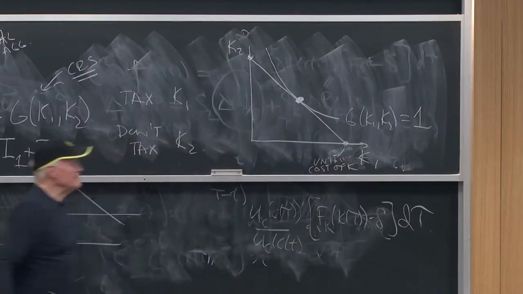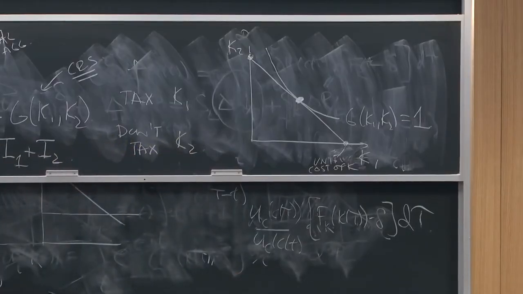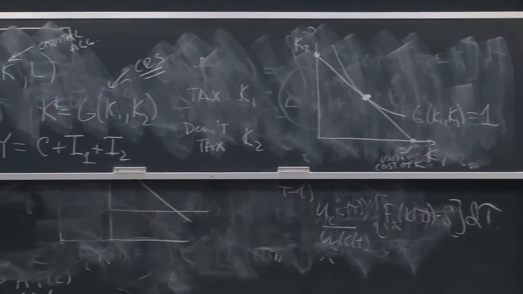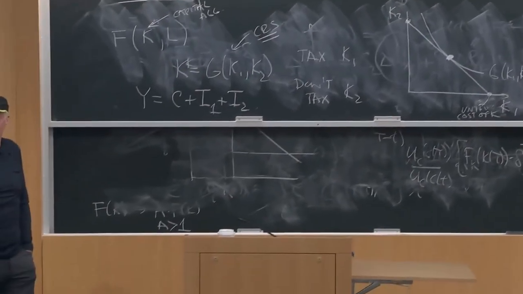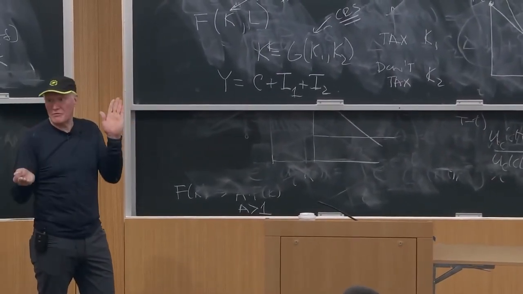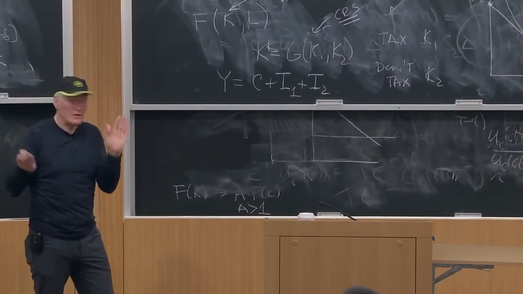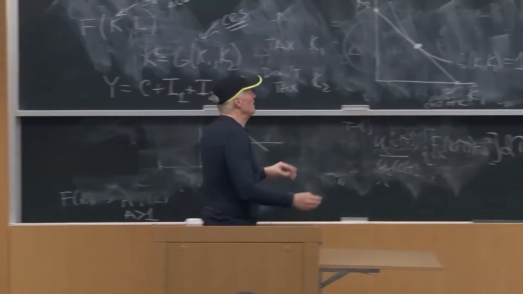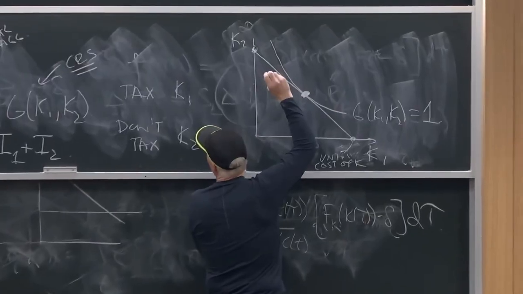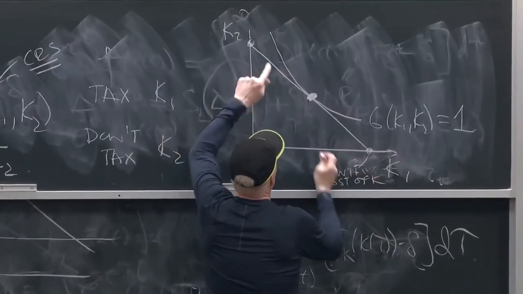Now, what happens if I tax one of these goods and not the other? What does that do to the mix that people will use in production? Well, it's going to mean one of them is going to get more expensive and one of them is going to get relatively cheaper. Which one did I tax? I taxed good one, so good one got more expensive.